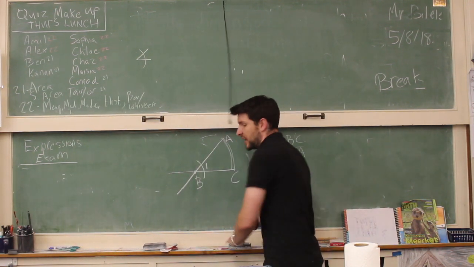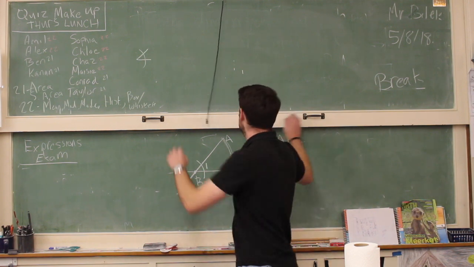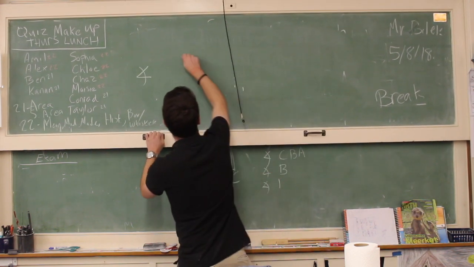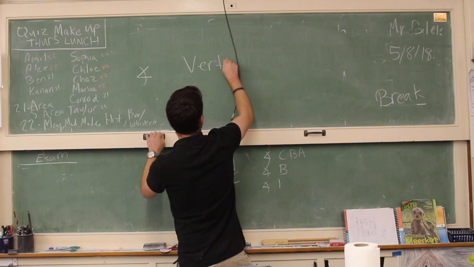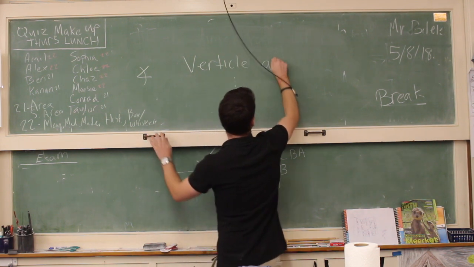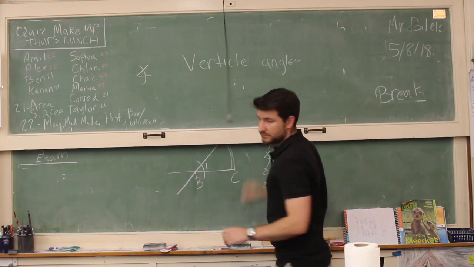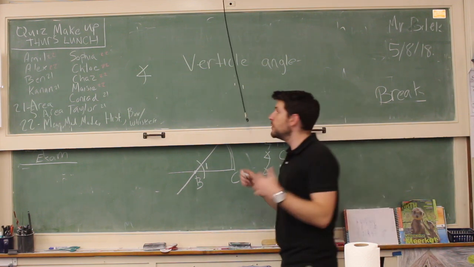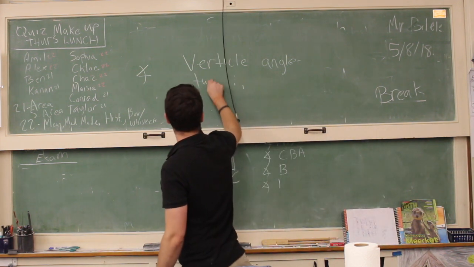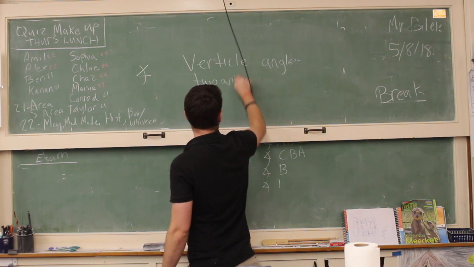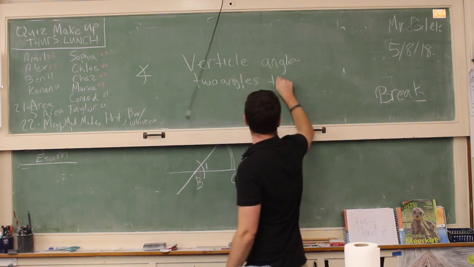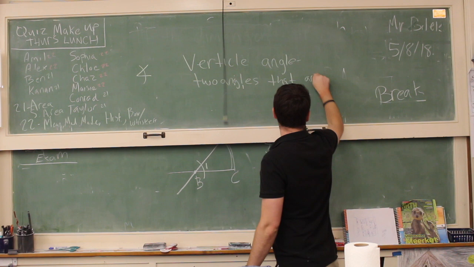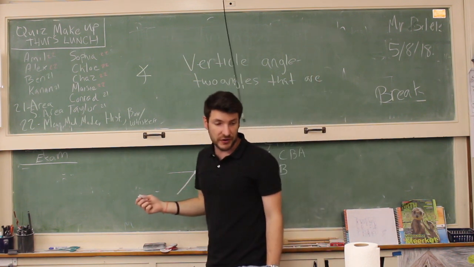The first one I want to cover is a vertical angle. Vertical angles are 2 angles that are opposite each other.